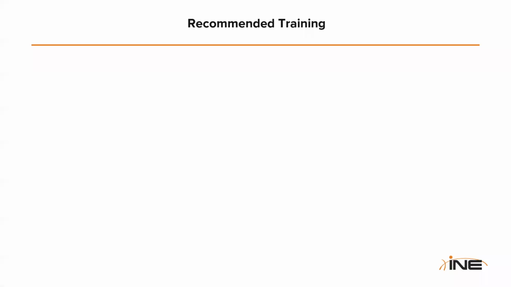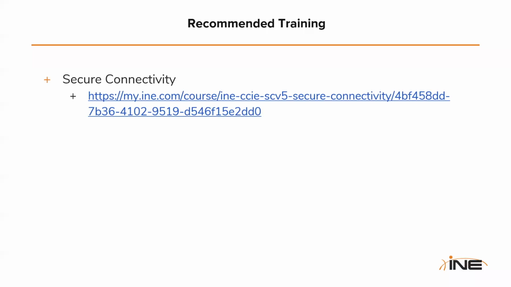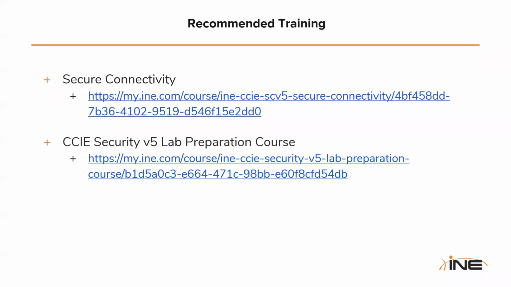Right. We will now talk a little bit about the configuration and take a look at the deployment for the ASA and AnyConnect. Just in case you want to learn about some additional details for AnyConnect, I would personally take a look at these 2 courses on INE's website, the Secure Connectivity and Rohit's v5 lab preparation.